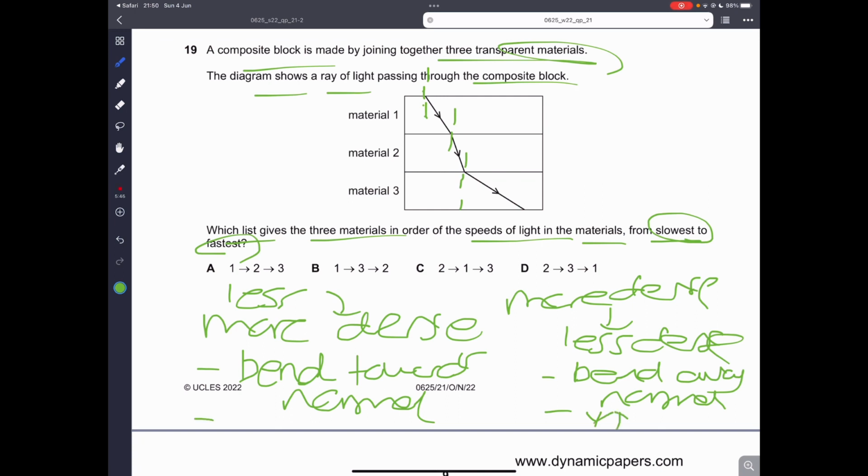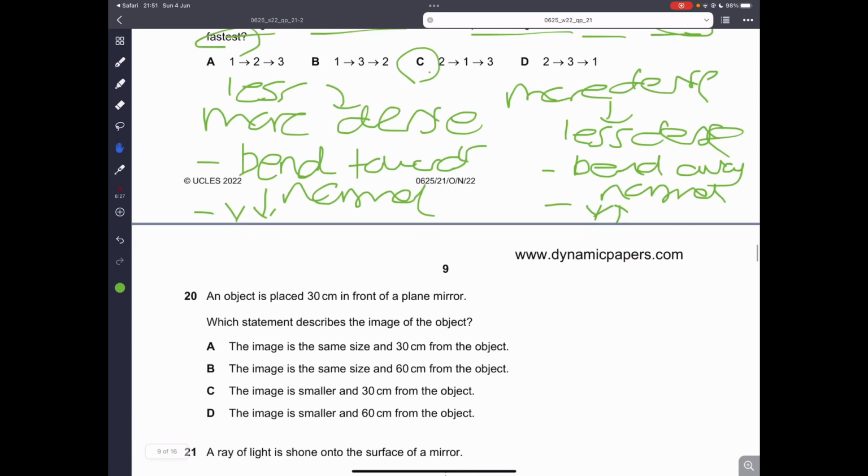However, when it is in a more dense medium, the speed decreases. So you can see that if the light ray bends towards the normal, the speed is the slowest. If the light bends away from the normal, the furthest away from the normal, then its speed is the fastest. And if it bends moderately, then this is the middle speed, which is neither very fast nor very slow. So we can say that from slowest to fastest is going to be 2, 1, and 3. So C is the correct answer.